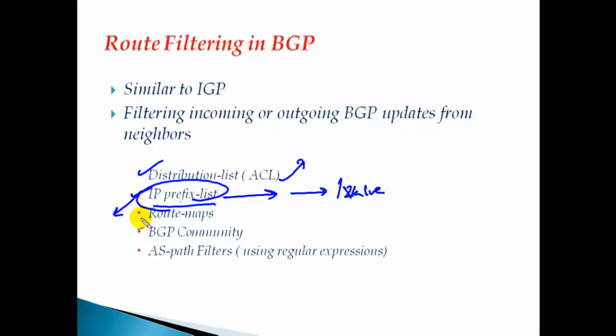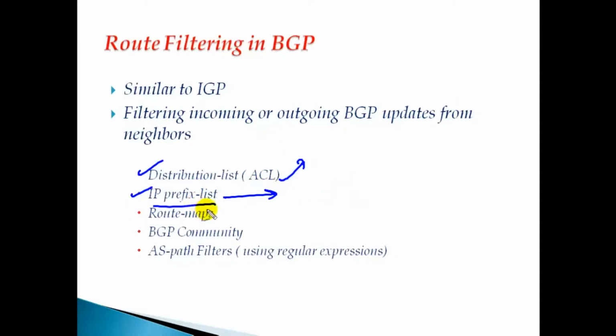Apart from that, a prefix list is like a tree structure and is not scanned sequentially, so it has less overhead on the routers, because ACLs work in sequential order, but here it is not like that.